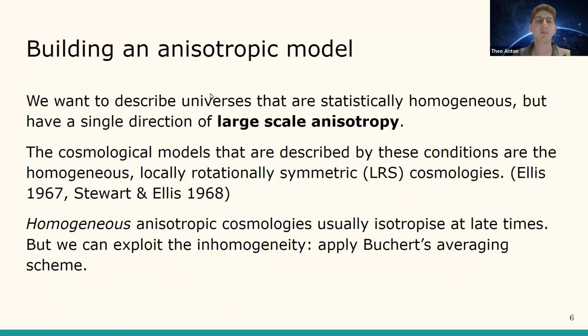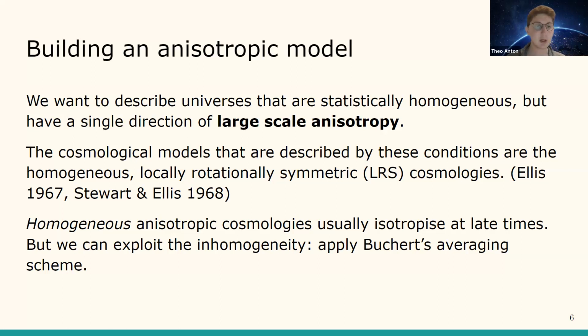So we want to build a model for universes that are statistically homogeneous, but they have this single direction of large scale anisotropy that I talked about in the context of that diagram on slide 2. So these are a very specific class of cosmological models. They're called the homogeneous and LRS, or locally rotationally symmetric. A lot of work was done on them by Ellis, for example.